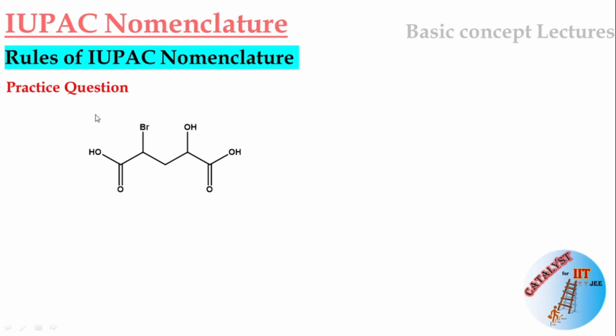Okay, so this is the practice question in which we first have to select the parent chain so that it does not violate the priority rule. There are two ways in which you can start numbering your parent chain, from right to left and from left to right.